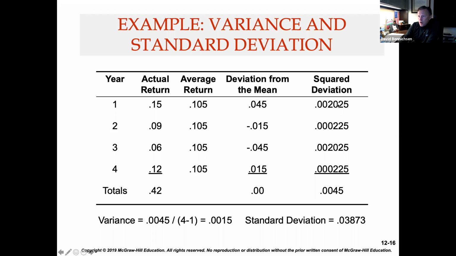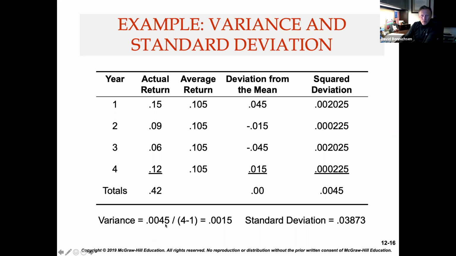So we square the deviation, and then we sum all of the squares to get to 0.0045. And so to calculate the variance, we take the sum of the squares and we divide it by the number of observations of 4 minus 1.